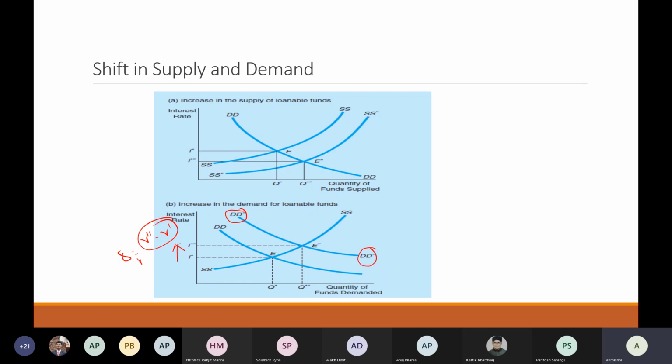Economy is expanding and people are more interested to participate, so they started saving. So your demand and supply curves both will shift accordingly, and then you will have a new interest rate. This is what basic theory suggests about why interest rate is not going to be a constant number over a period of time.